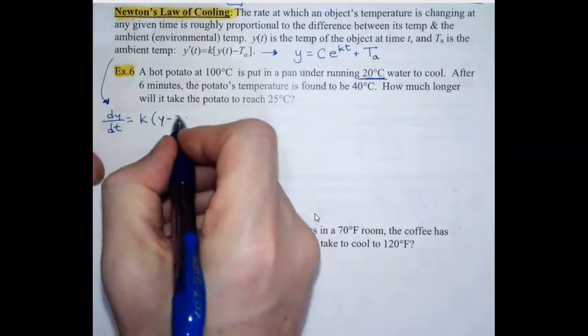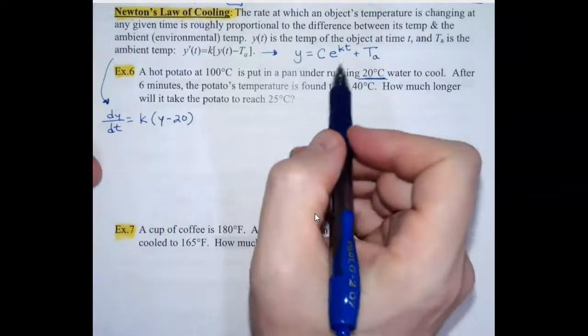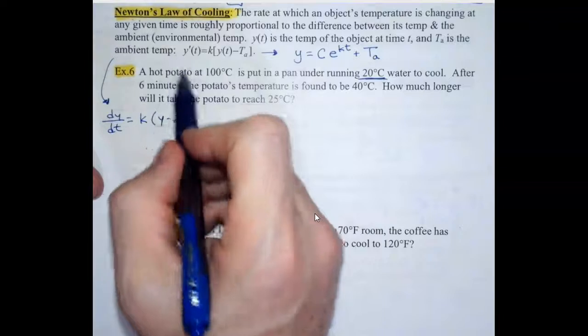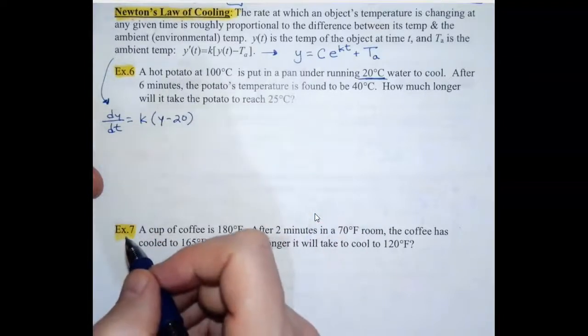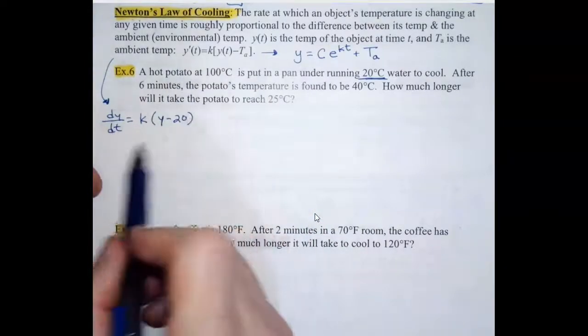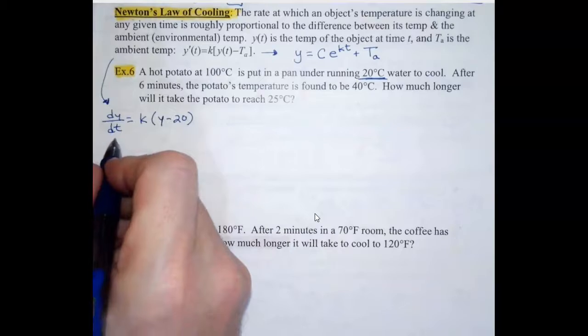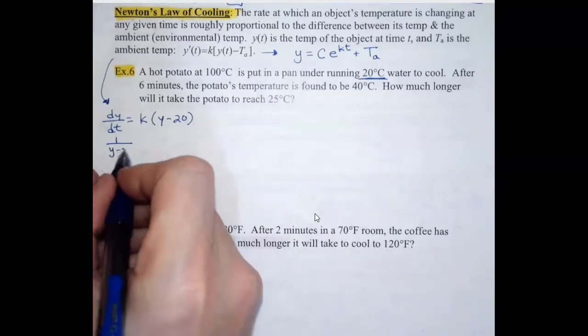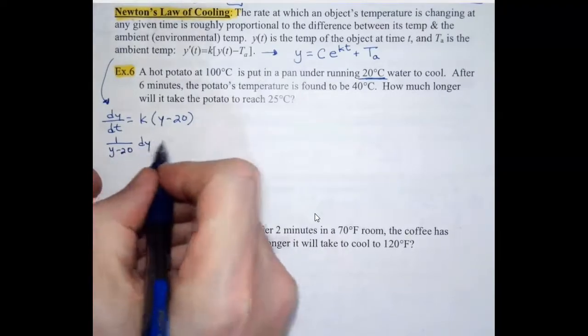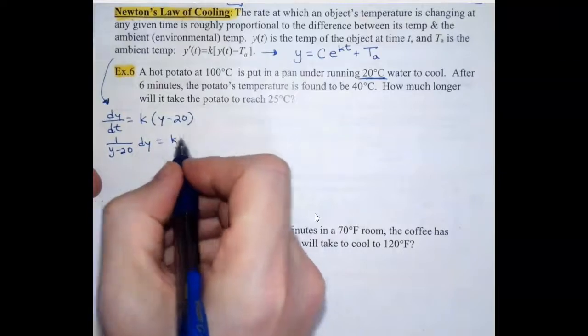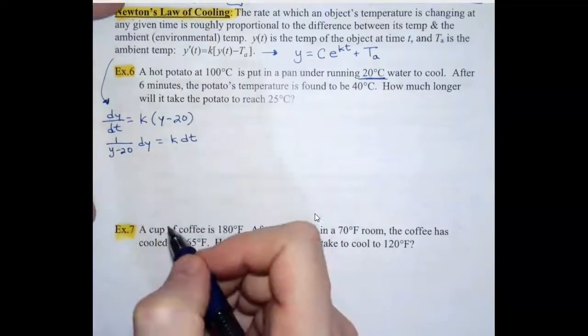So that would be y minus 20, the ambient temperature, using this formula here. If we separate the variables, we divide both sides by y minus 20 to get the dy's over here, and this side would be k dt.